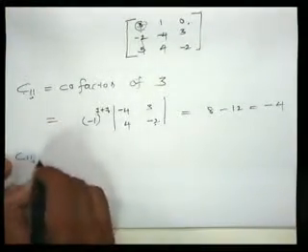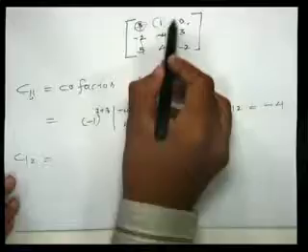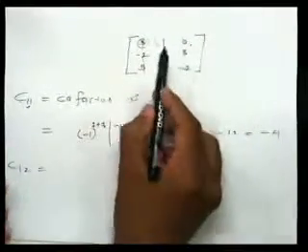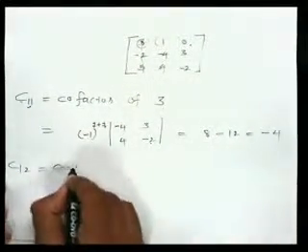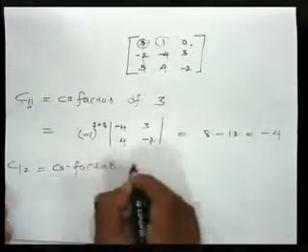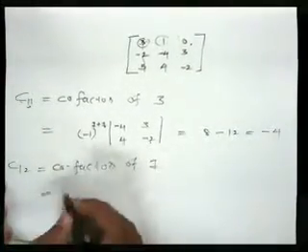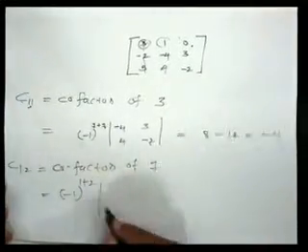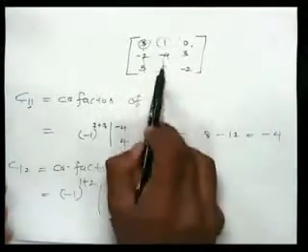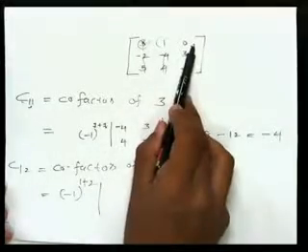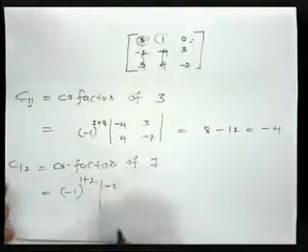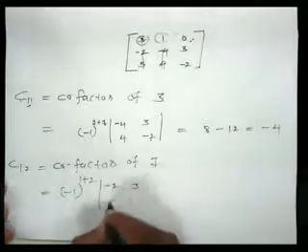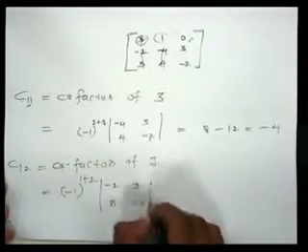Similarly, we can find the cofactor of 1. That is minus 1 raised to 1 plus 2, into, removing this column and this row, the 4 remaining elements: minus 2, 3, 5, minus 2.